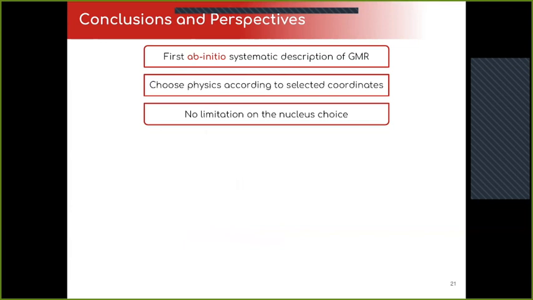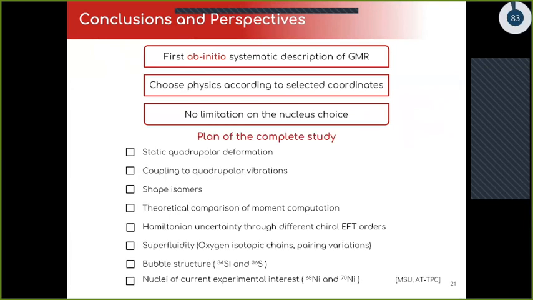And in any case, both methods are very useful because in both cases we have no limitation of the nucleus of choice because of the very general nature of the implementation. And this is the plan of the complete study, at least the next few steps I'm working on.